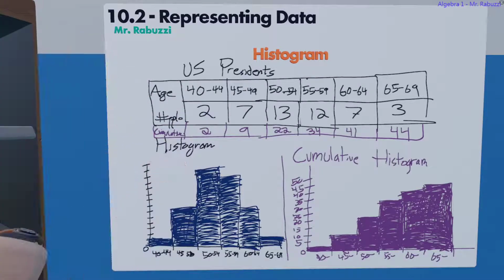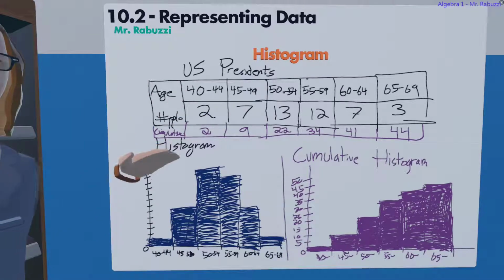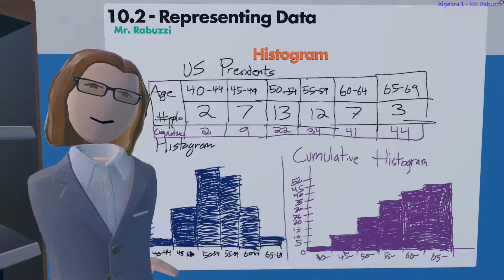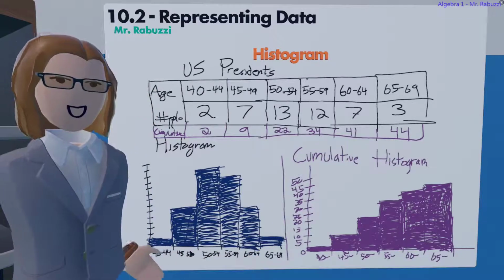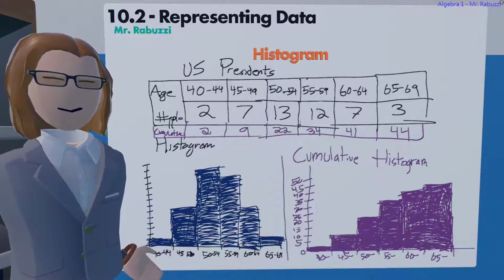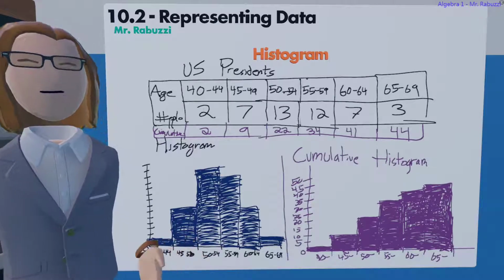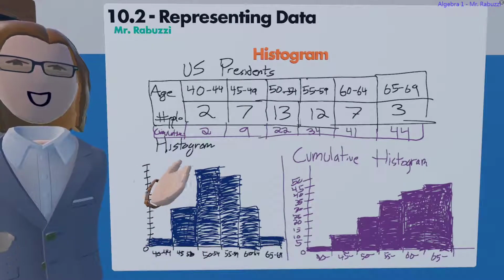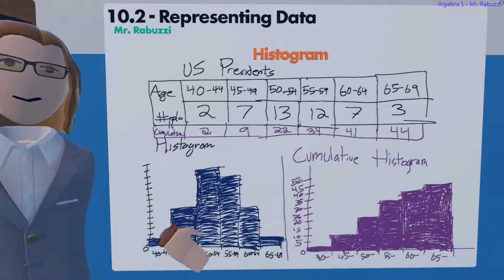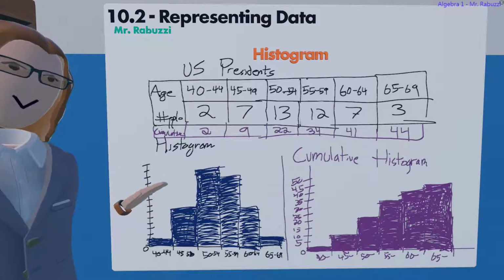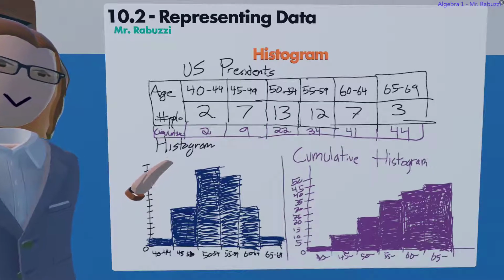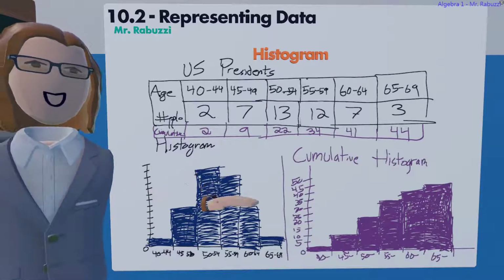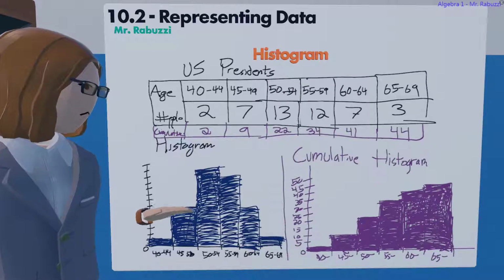Then a histogram is when you have lots of numbers and you need to group them into ranges of numbers, right? This was 44 to 49, 50 to 54, the A range, the B range. So there's different ranges of numbers. A normal histogram's nice for seeing where people lie or where the data is, right?